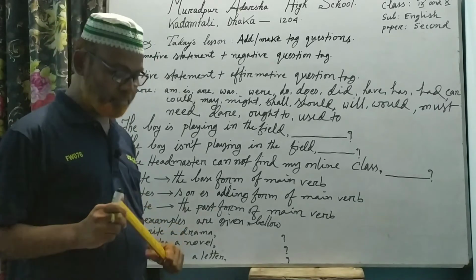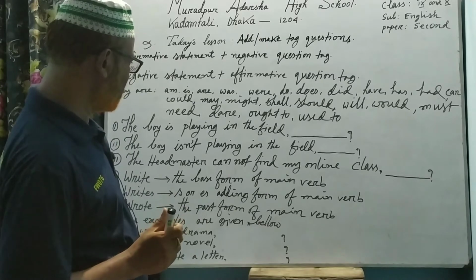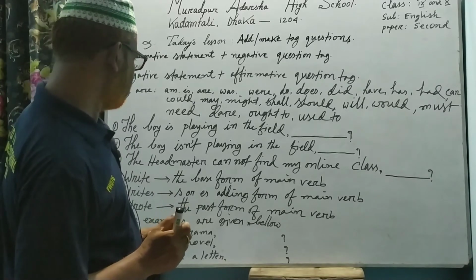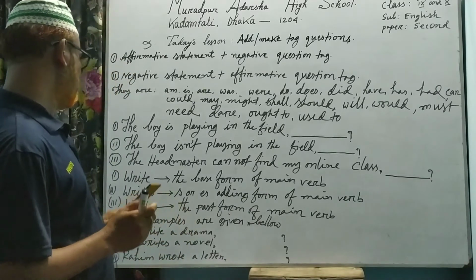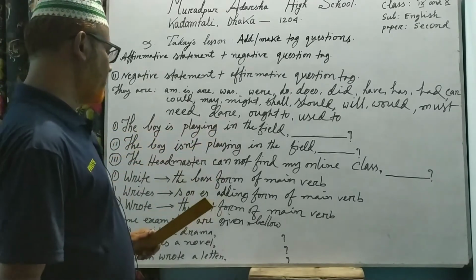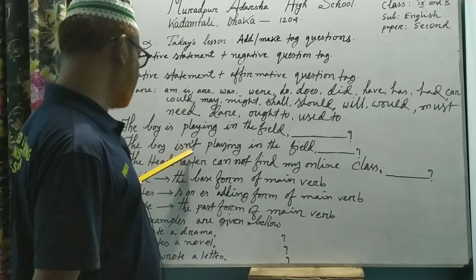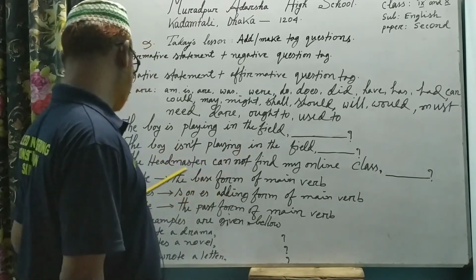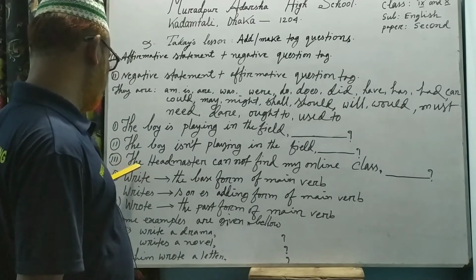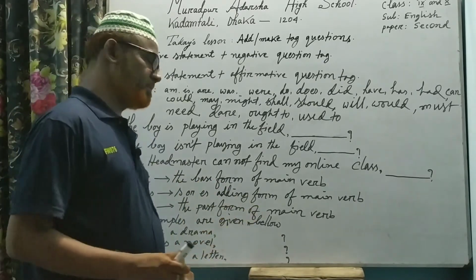Now I am giving some examples of tag question. Number 1, the boy is playing in the field. Number 2, the boy isn't playing in the field. Number 3, the headmaster cannot find my online class.